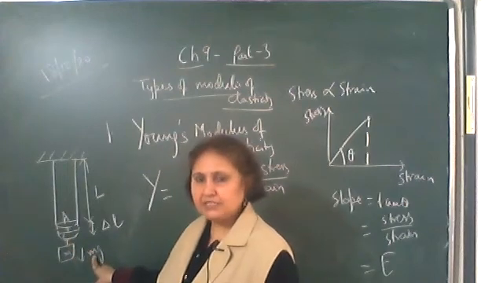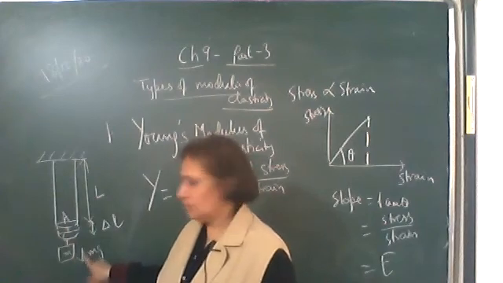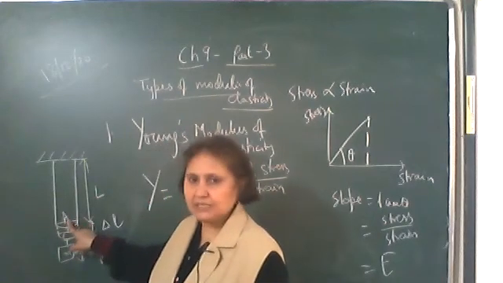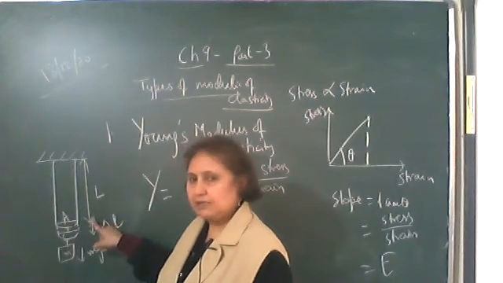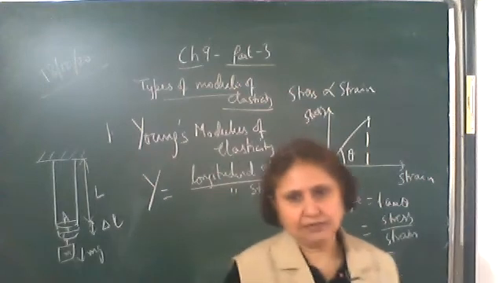Let the cross-sectional area be A, original length L. On loading, let its length increase by delta L.